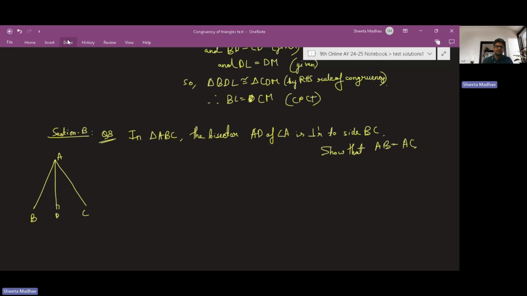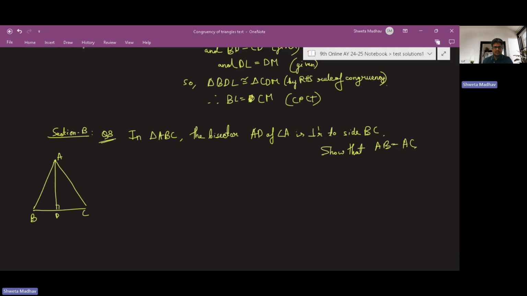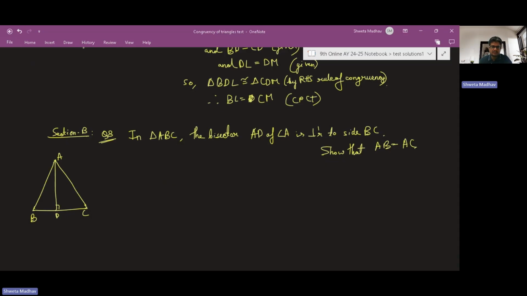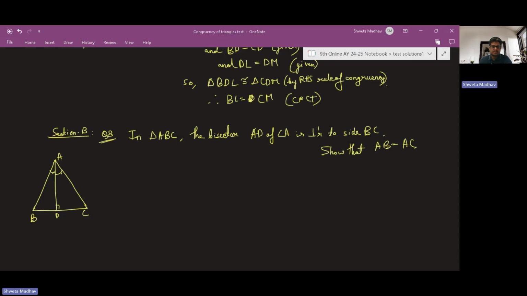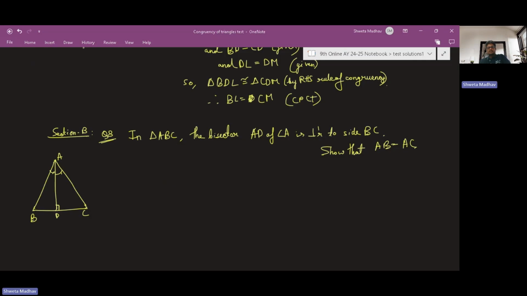We can't say that D is the midpoint. But obviously we can say that angle A is divided into two equal halves by AD, since AD is the angle bisector of angle A. So it means these two angles are equal, and this is perpendicular to BC. Then we have to show that AB is equal to AC.